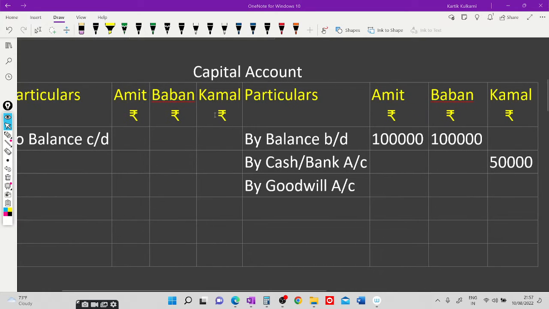The goodwill will be transferred. So the transfer entry for goodwill will be goodwill account debit to old partners' capital accounts credit. Goodwill account will be debited to old partners, that is to Amit and to Baban.